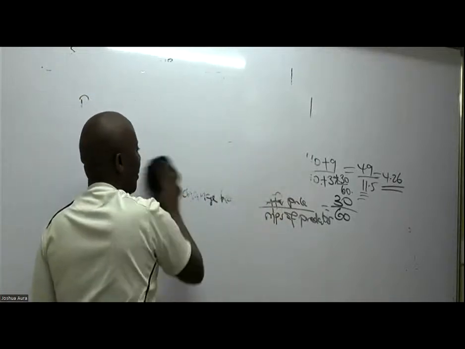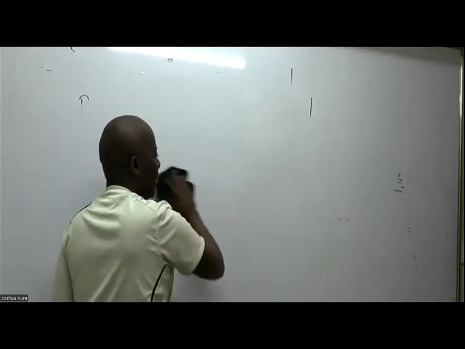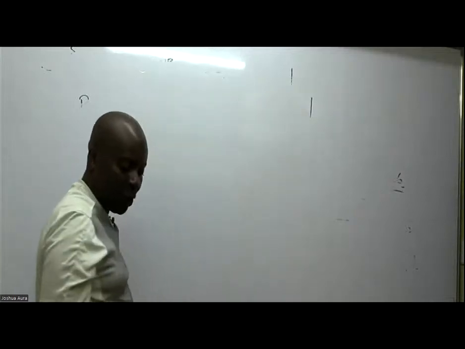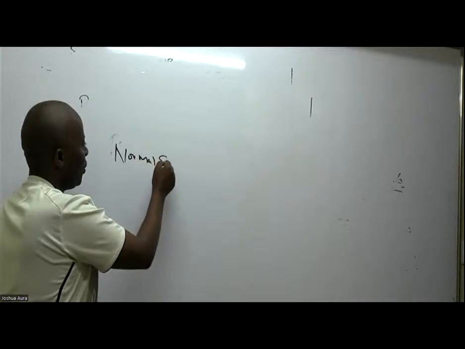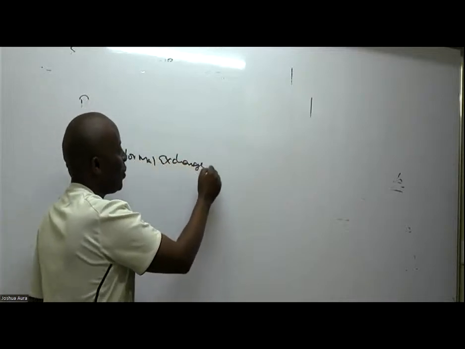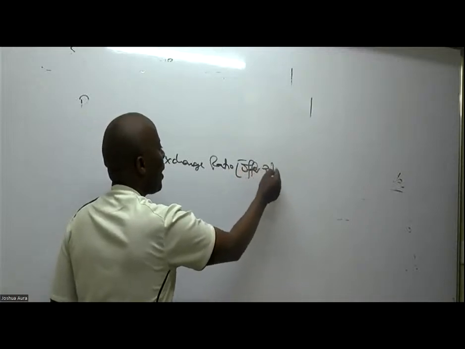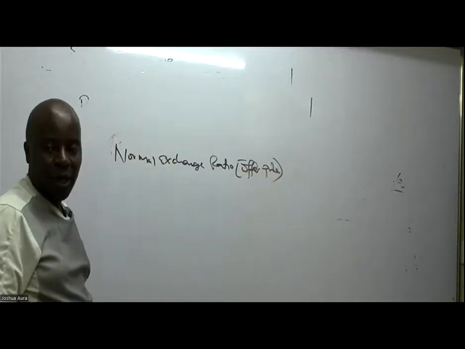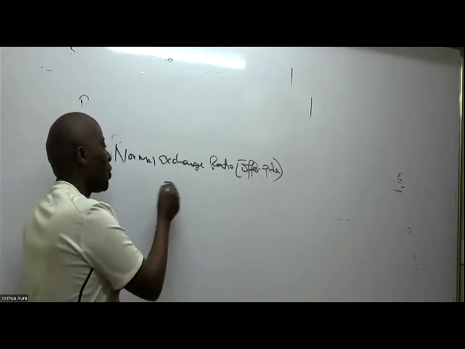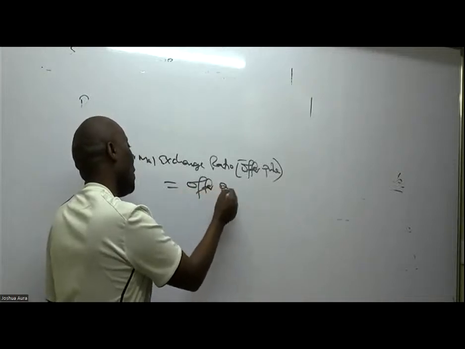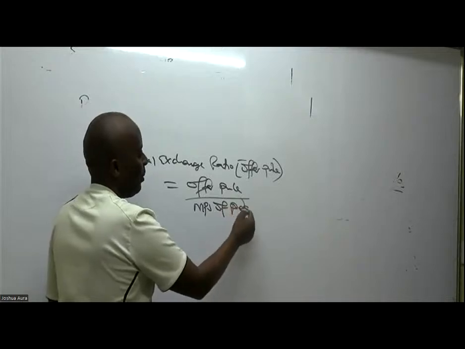The most important thing is to appreciate that we have two types of exchange ratios. We have the normal exchange ratio, which is the one we calculate whenever we are given an offer price. We calculate it by taking the offer price given over the MPS of the predator.